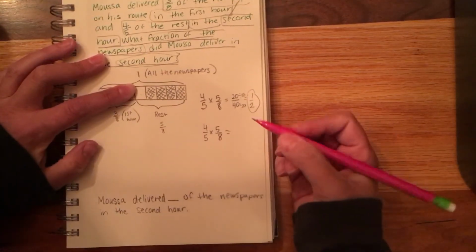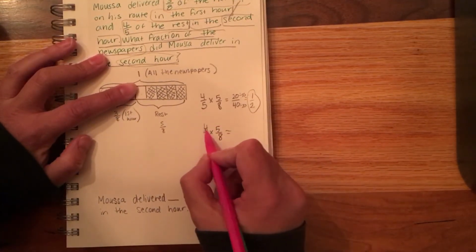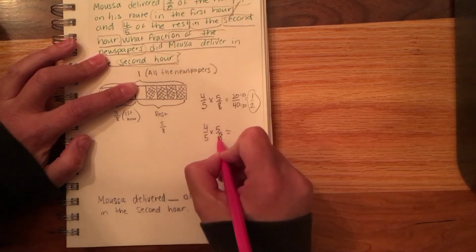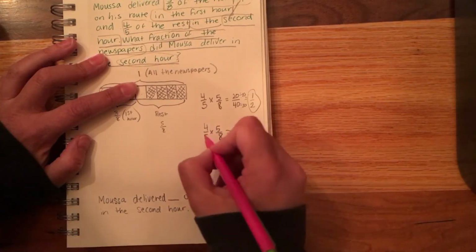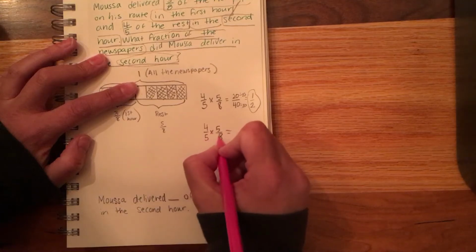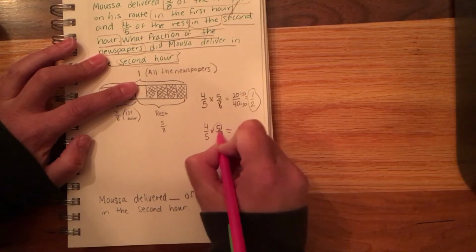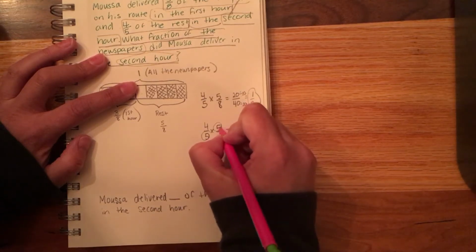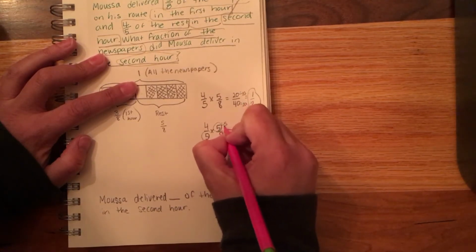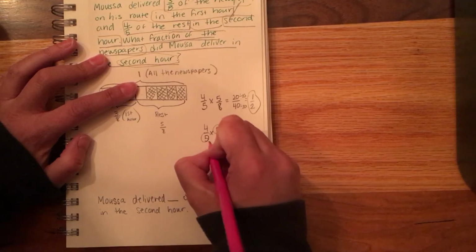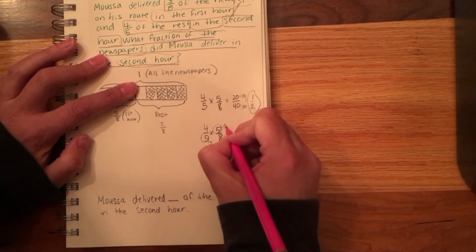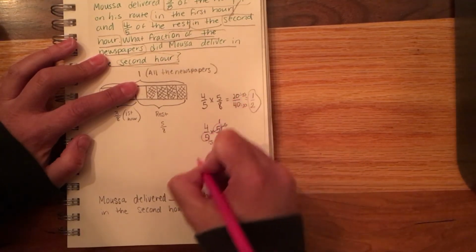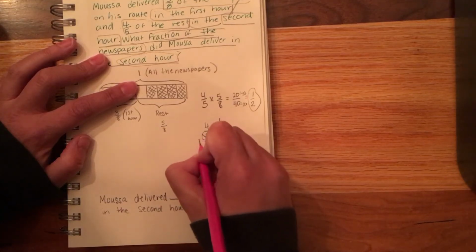Now, we practiced today in class the idea of looking for common factors and reducing before multiplying. So I'm noticing here that we have a 5 and a 5. So I can simplify that by dividing by 5 here, because I can also divide by 5 here. When I do 5 divided by 5, that becomes 1. 5 divided by 5, that becomes 1.